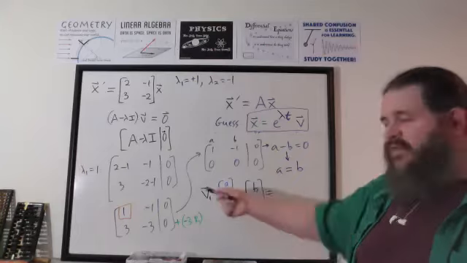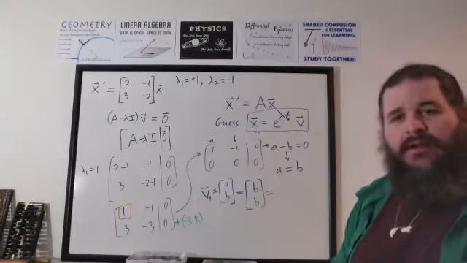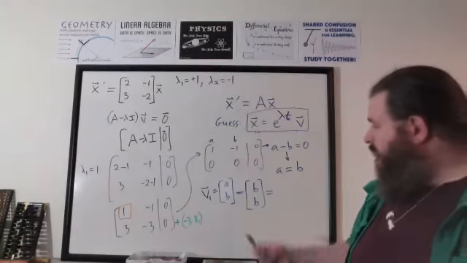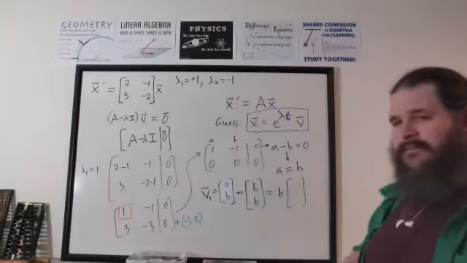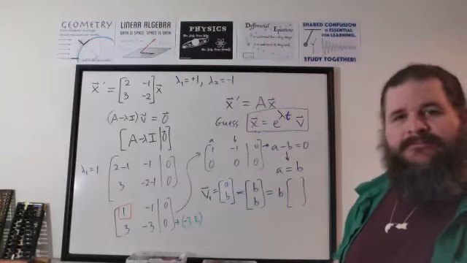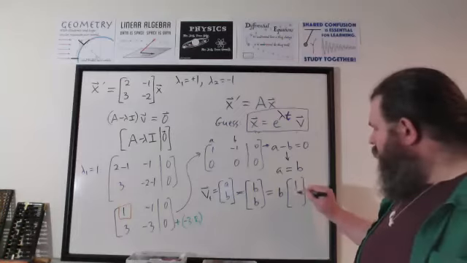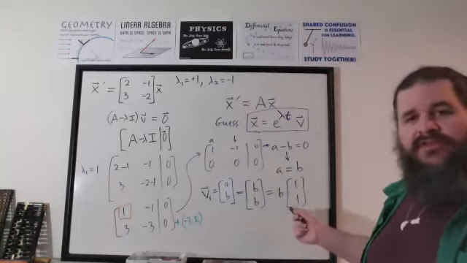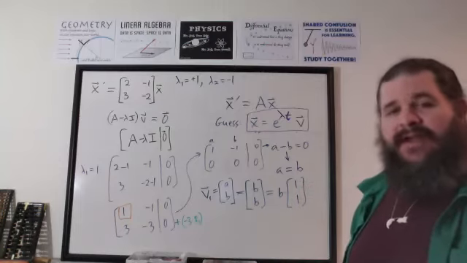At this point, that suggests the eigenvector is anything of the form B, B, where B could be any real number. But we can simplify that further. Since B now shows up in every term, we can factor out B and see what's left. Yeah, 1 and 1. So this tells us that the vector 1, 1 is an eigenvector.